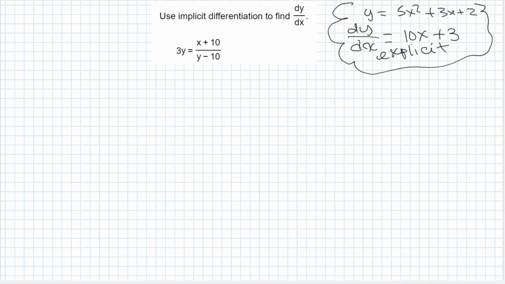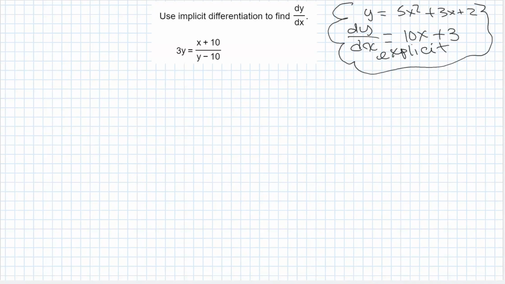Now here in this equation, y is not in terms of x. And so, sometimes we don't want to or cannot solve for y. So we go ahead and treat y as a function in terms of x, meaning y is like a composite function in this case.